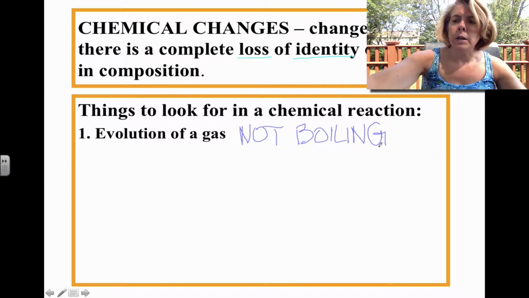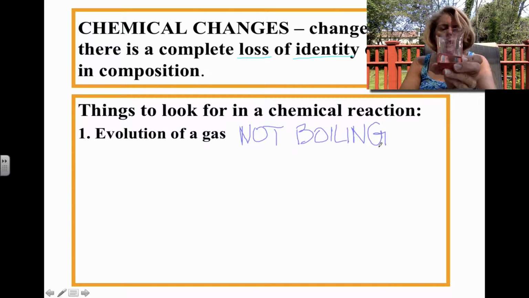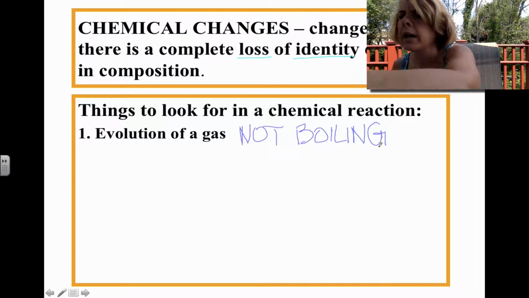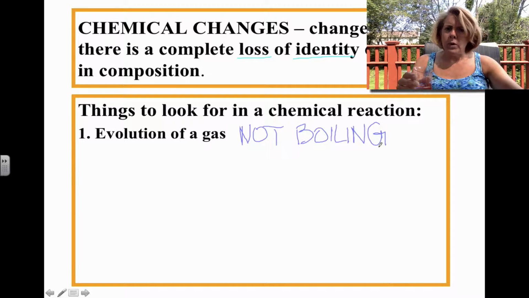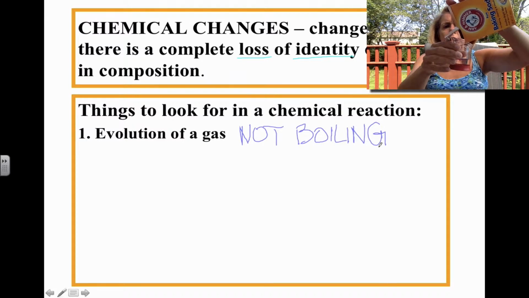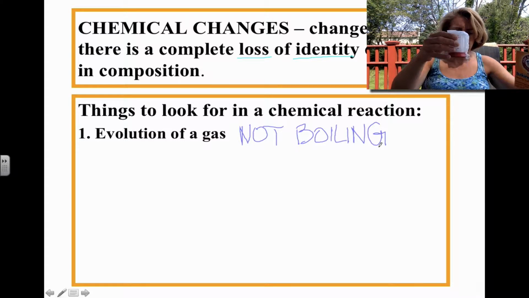Now I'll give you an instance where you will see an evolution of gas. So here I have vinegar. Kind of stinky, not my favorite smell. And I'm going to add good old Arm & Hammer. So what's going to happen when I add baking soda to vinegar? Okay, I should see evolution of a gas, and I do.